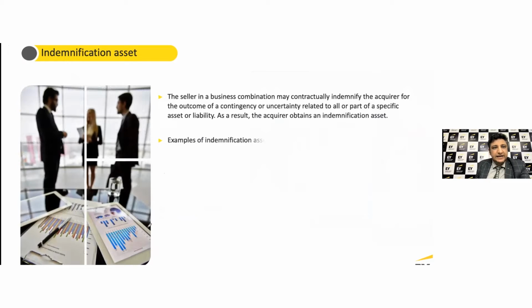On the indemnification assets, you would recollect that you normally look at the possible or the contingent liability and the corresponding indemnification asset to the extent of that liability that can be recognized, right?